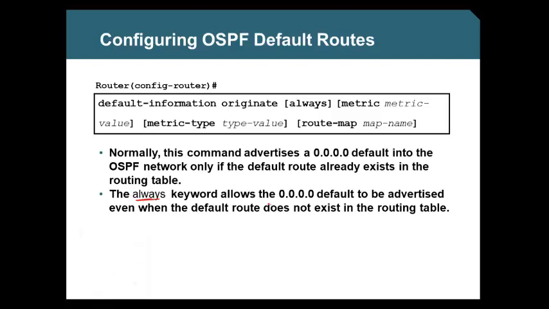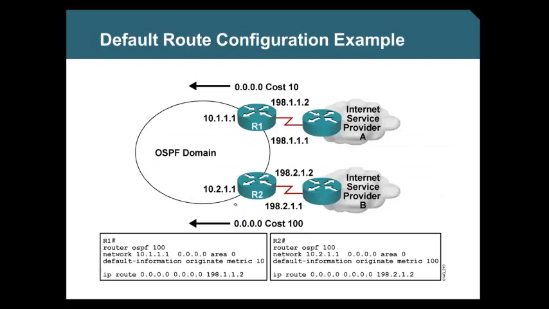See, here is the example. There is a static default route written on R1 pointing towards this, and there is a static route written on R2 pointing towards this. So I can simply say default-information originate, enough. You don't need to use the keyword always.